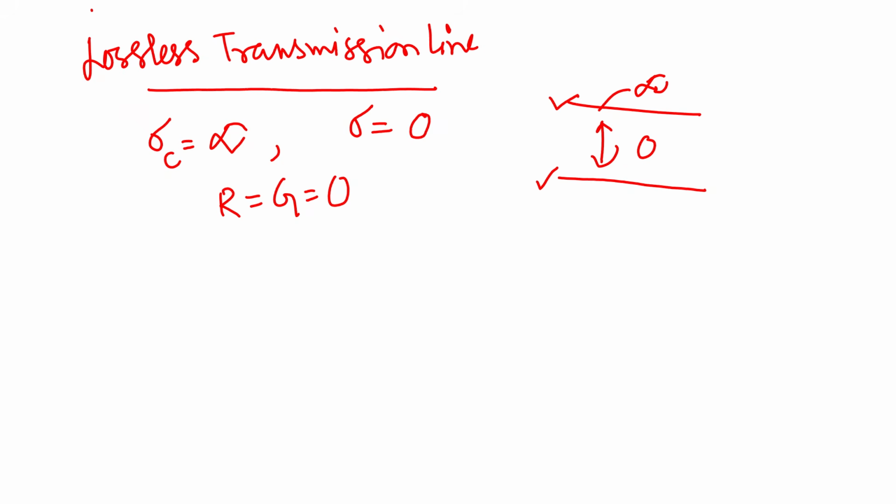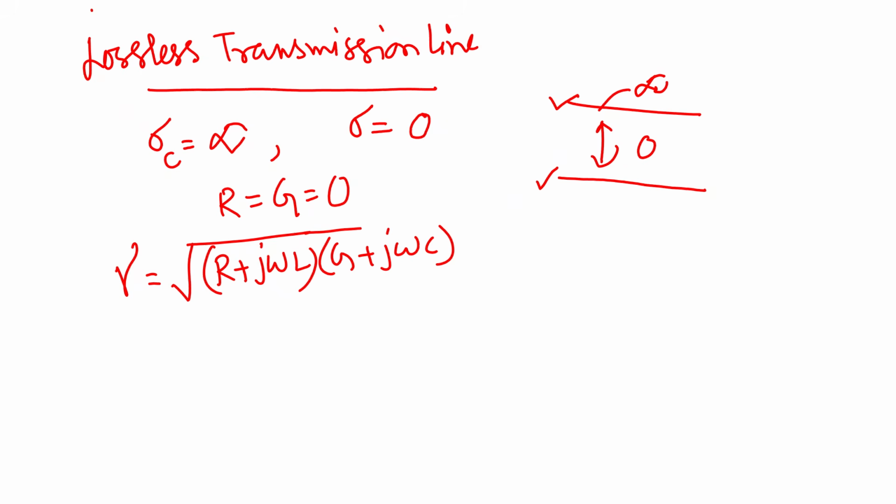So if we try to calculate the value of gamma, which is the square root of (R plus j omega L) into (G plus j omega C), I'll get the gamma value as the square root of j omega L times j omega C, that is j omega under root LC. So gamma will be a perfectly imaginary number whose value is j omega under root LC.